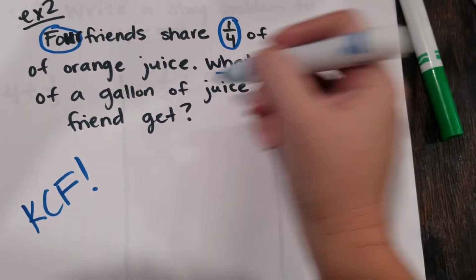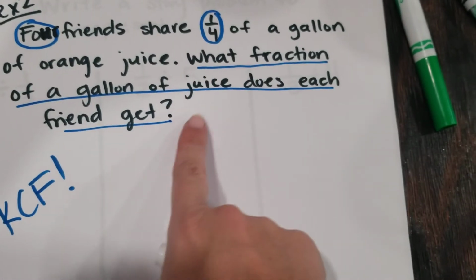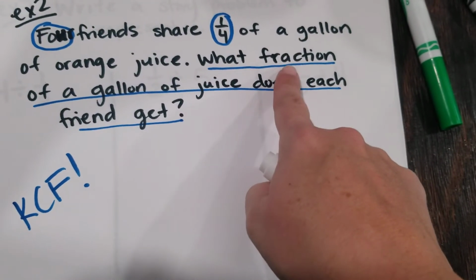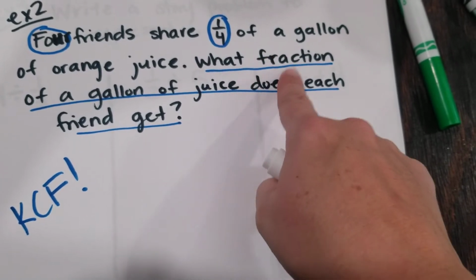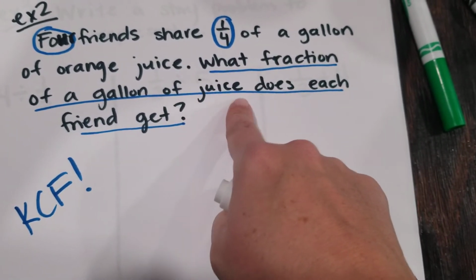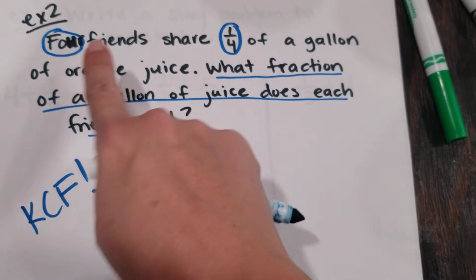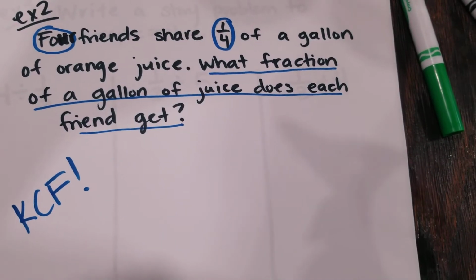What fraction of a gallon of juice does each friend get? What's really cool about this question is it's telling us what kind of answer we're going to have. Our answer is going to be a fraction. So whatever we do with these 2 numbers that I've circled, we're going to end up with a fraction answer. So that's nice for them.